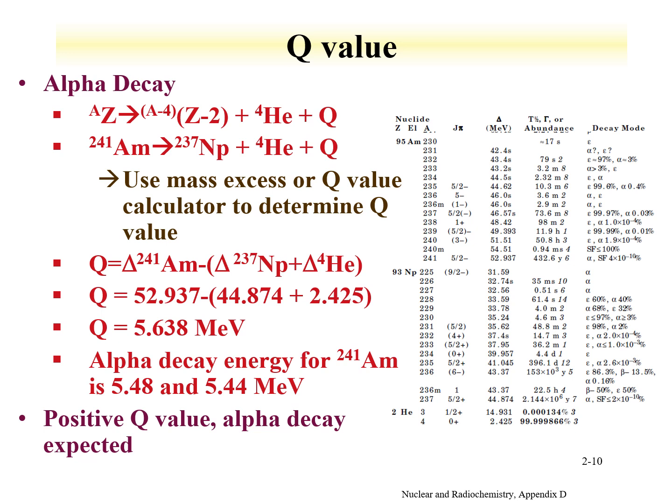We can also do this with something called the Q value calculator, and I'll show you how to use that later in this lecture. But let's consider the terms that we have here. One needs to get the mass excess of americium-241, neptunium-237, and helium-4, the alpha particle. The mass excess of americium-241 is provided here.